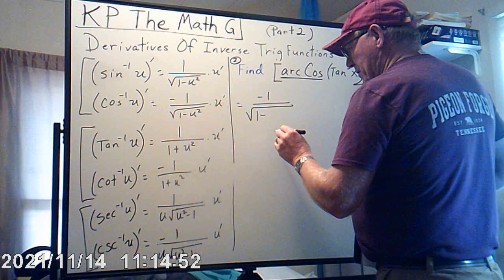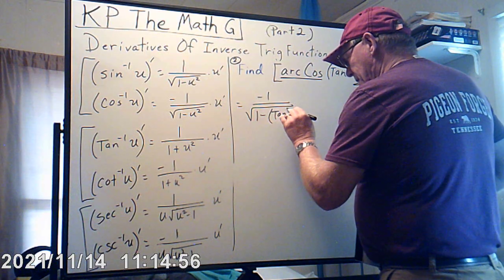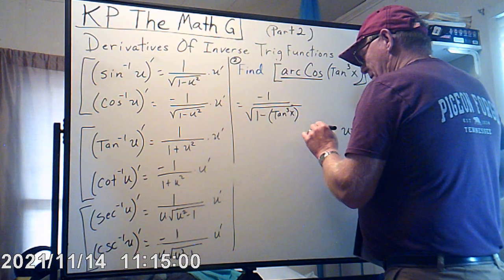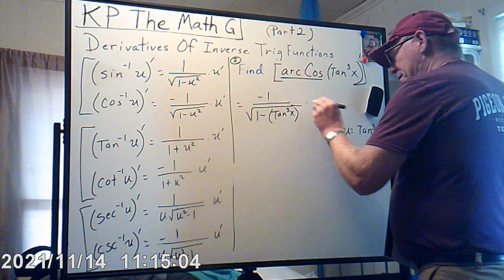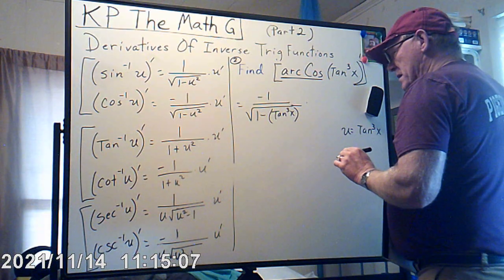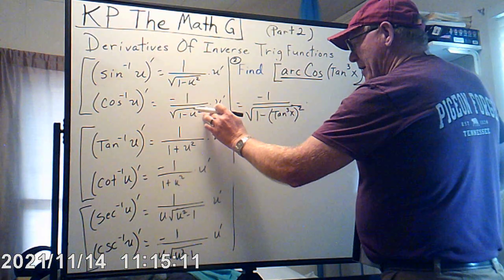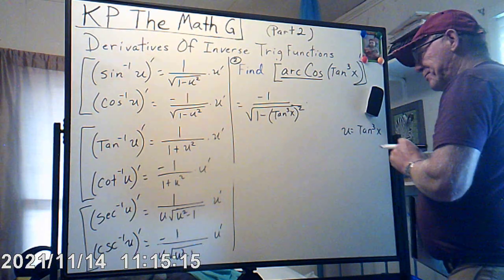So we're going to put tangent cubed x like that, and then we're going to take the derivative of this, so we're going to put that right here. Oh, we need to square that, don't we? See, that says square that. Okay, so we are going to square that.